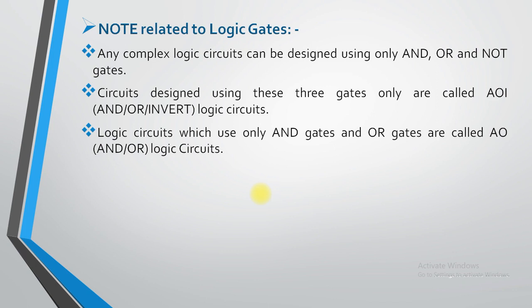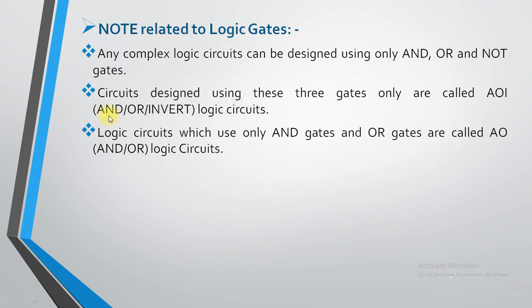Basic logic gates contain AND, OR and NOT. So you can form any complex circuit using these three basic logic gates, that is AND, OR and NOT. NOT is also referred to as an invert gate.